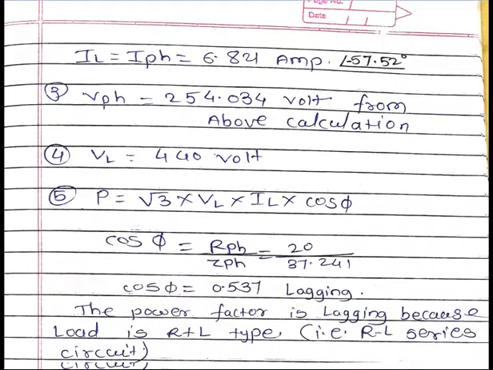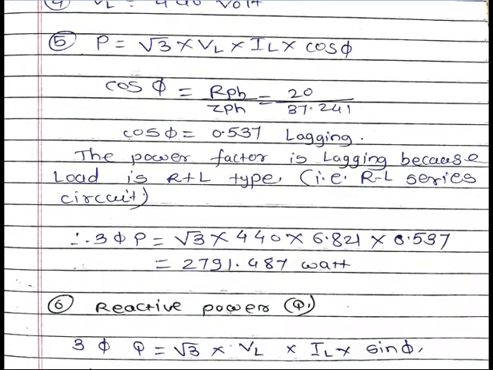Now we calculate the active power and reactive power. The formula for active power is equal to root 3 VL IL into cos phi. VL means line voltage, IL means line current. Here the value of cos phi is unknown. Therefore, cos phi is equal to RPH divided by ZPH.